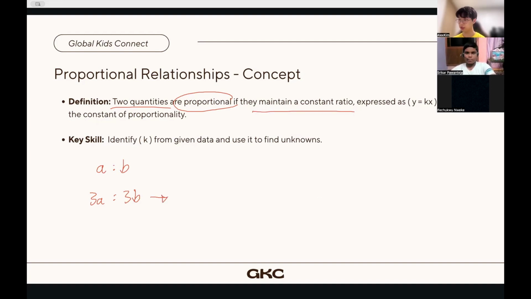This is because we can divide each side by 3 to get A to B, which is the same as our first ratio. Because of that, we can say there is a constant ratio, and therefore these two quantities are proportional.